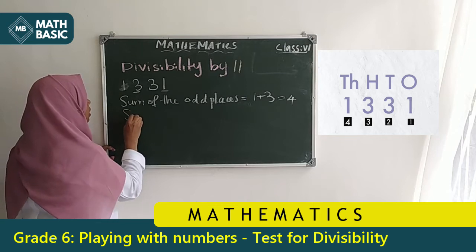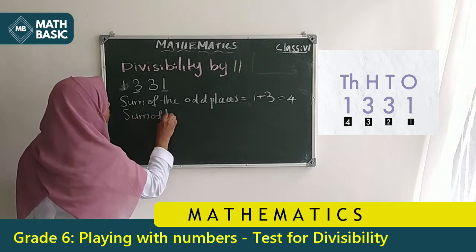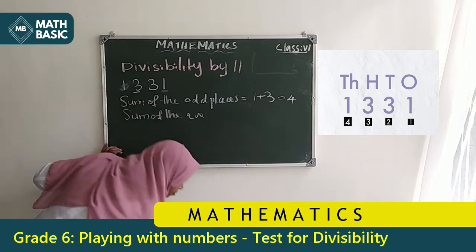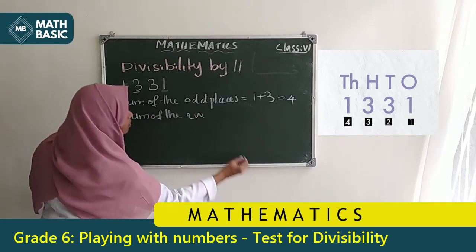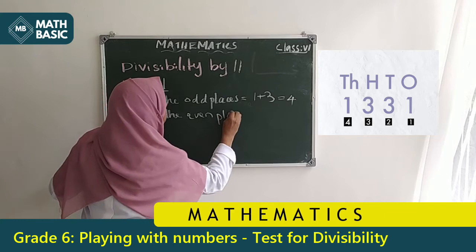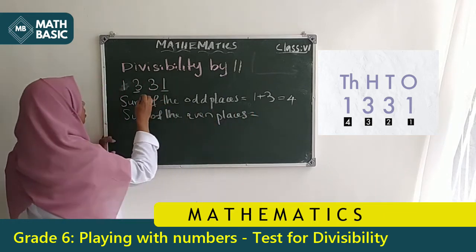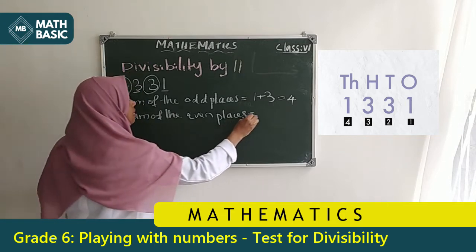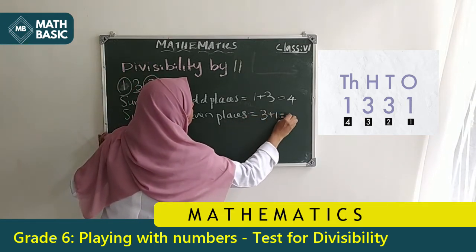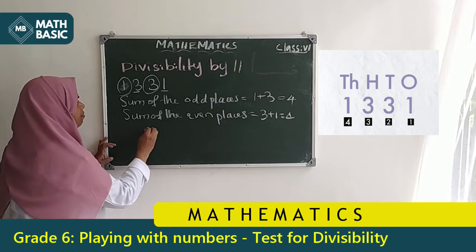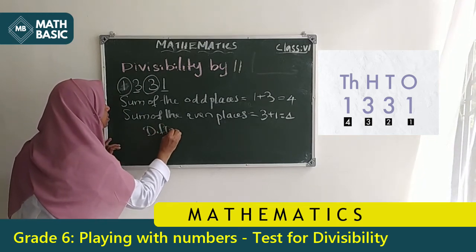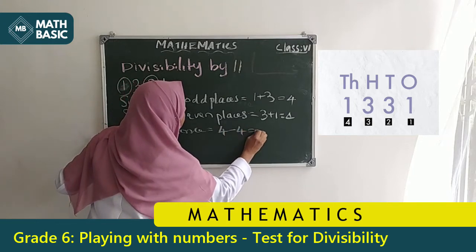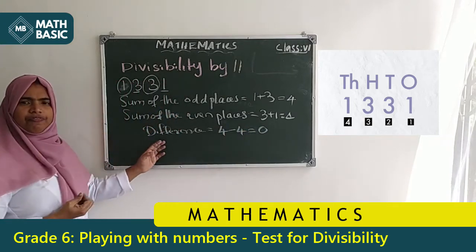Sum of the even places equals tens place and thousands place, 3 plus 1 equals 4. Their difference equals 4 minus 4 equals 0. Here the difference is 0.